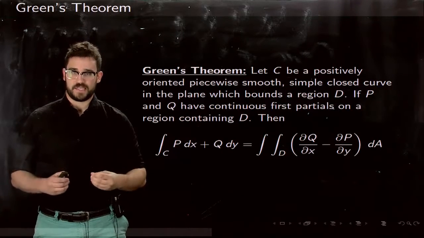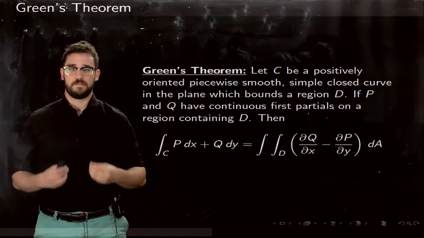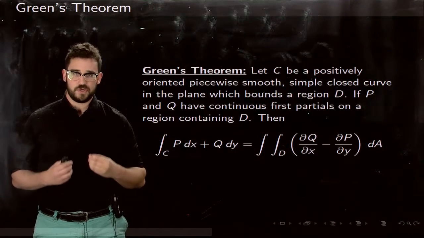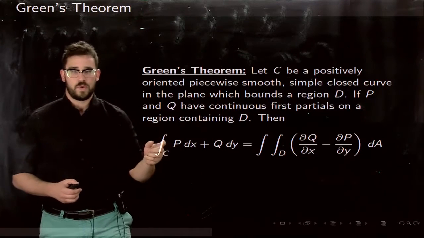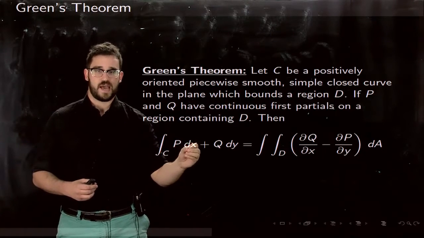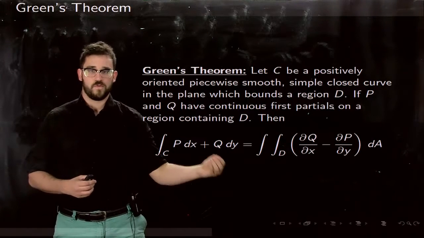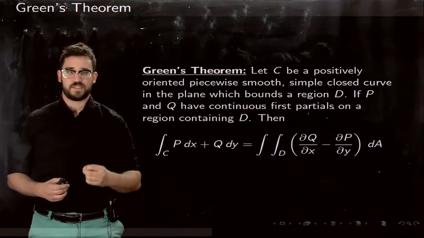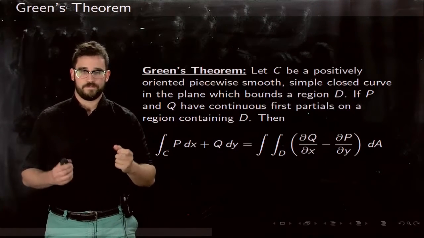Let C be a positively oriented, piecewise smooth, simple closed curve in the plane, which bounds a region D. If P and Q have continuous first partials on the region containing D, then the integral over the curve C of P dx plus Q dy is equal to the double integral over D of the partial of Q with respect to x minus the partial of P with respect to y, all of this dA.